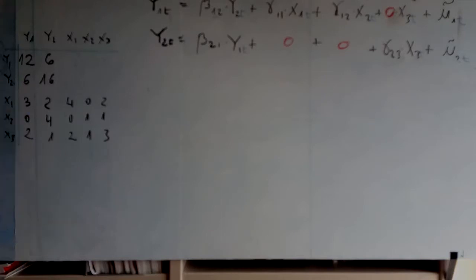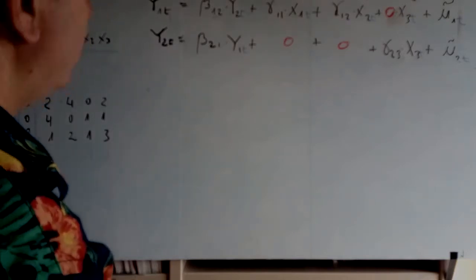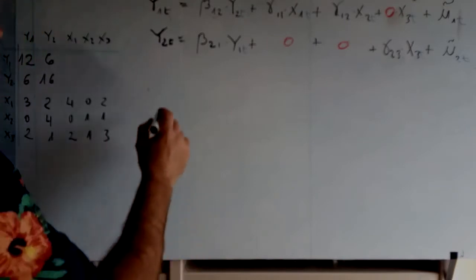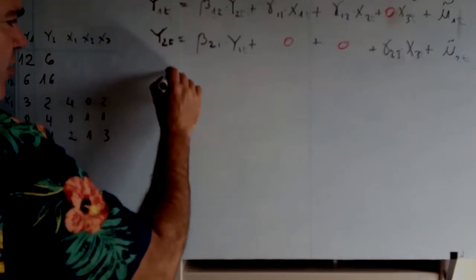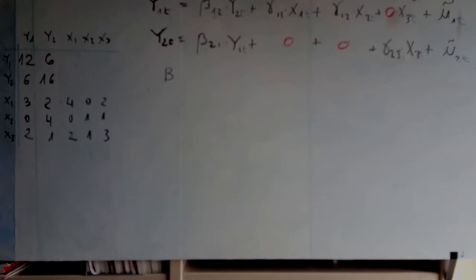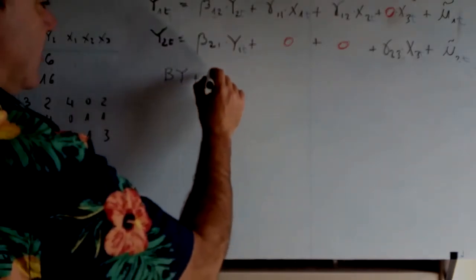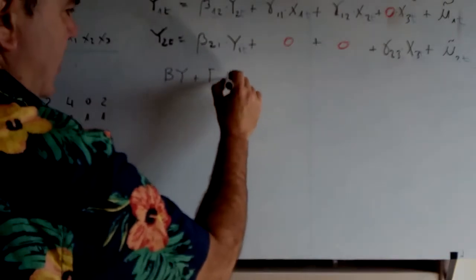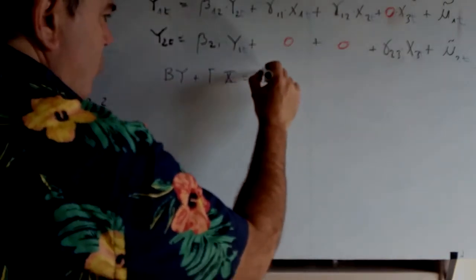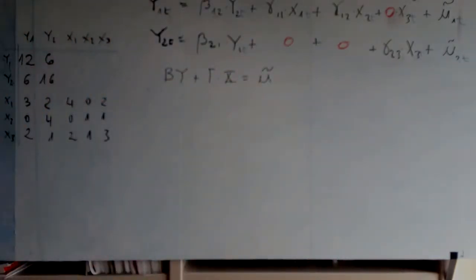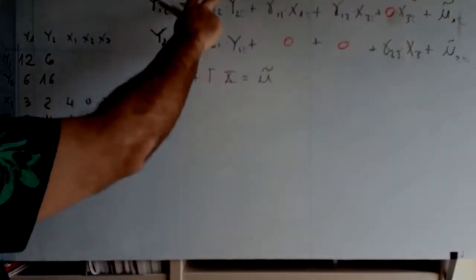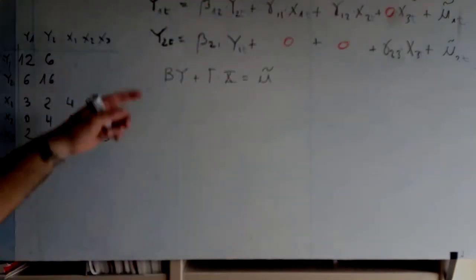its structural form, as a system of multiple equations. The equations are written in this way: capital B times capital Y plus capital Gamma times capital X equal to the error term. The capital B is the matrix associated with the endogenous variables.